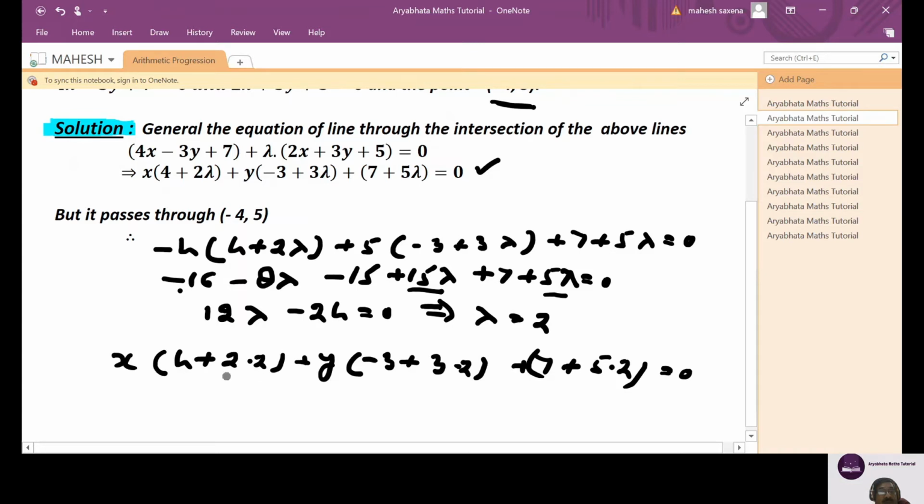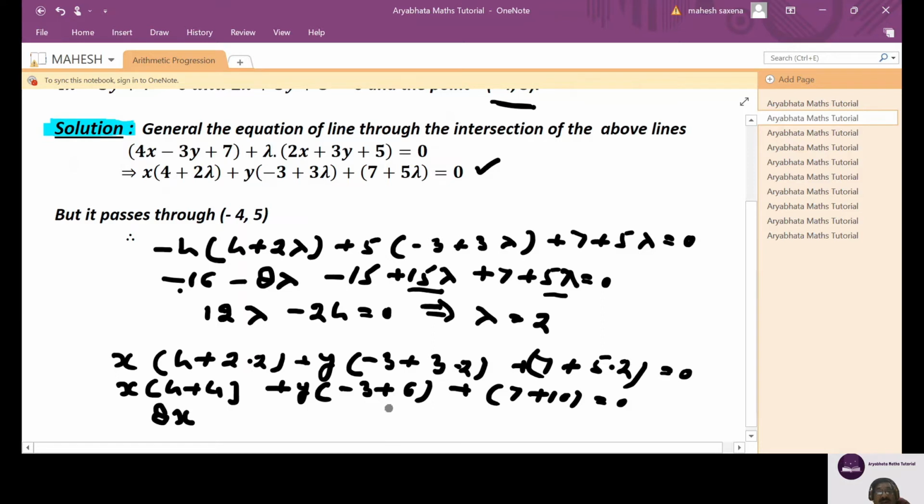Therefore, 4x times... that is 8x, plus y times (minus 3 plus 6, that is plus 3y), plus 7 plus 10, that is 17, equal to 0.